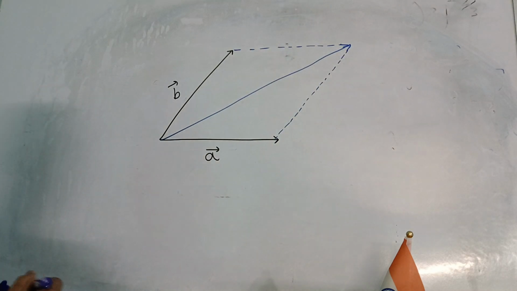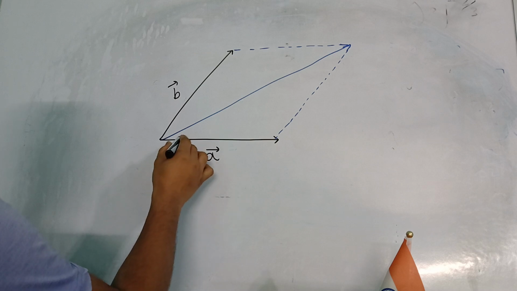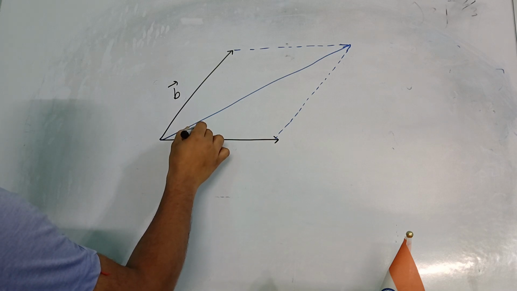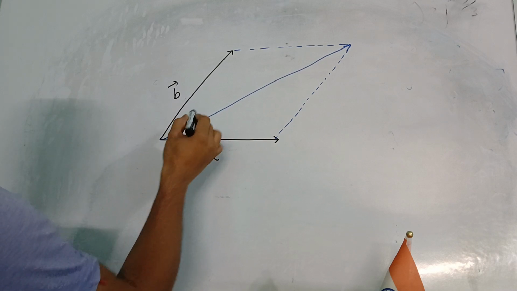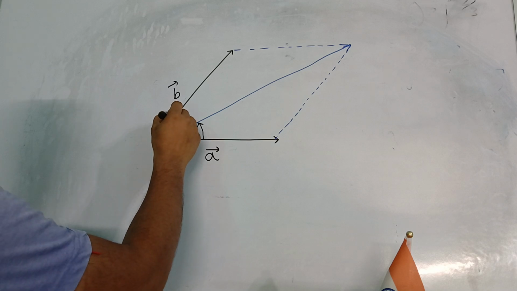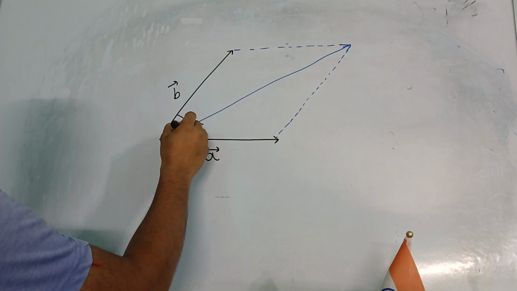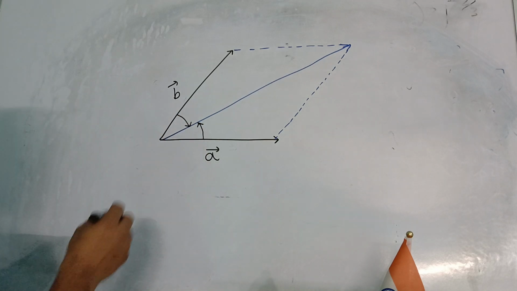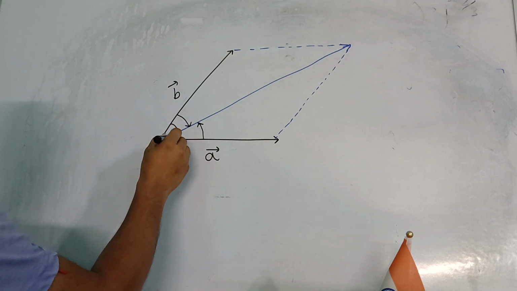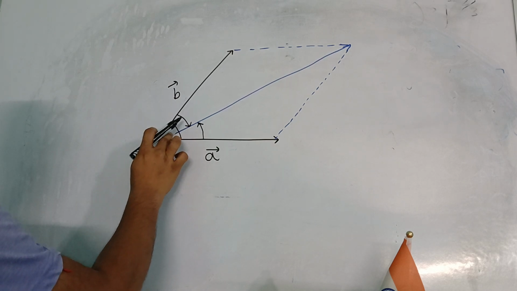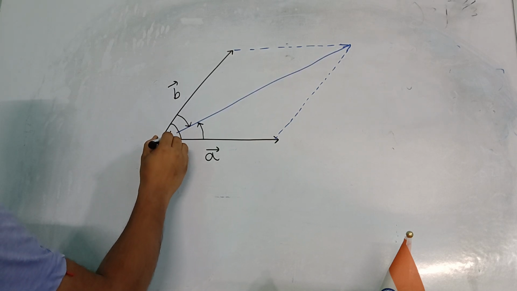Now our work is to find the angle between the resultant vector and vector A, and the angle between the resultant vector and vector B. What is given? The angle between these two vectors is theta.